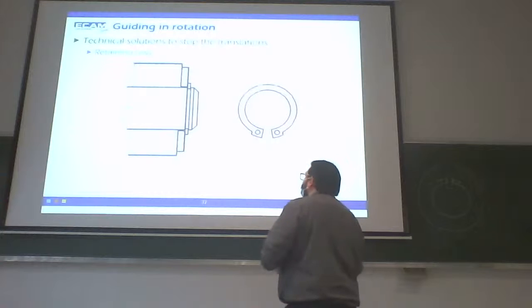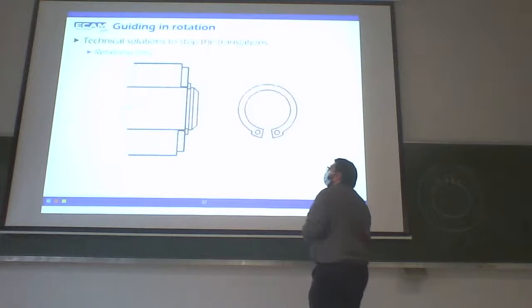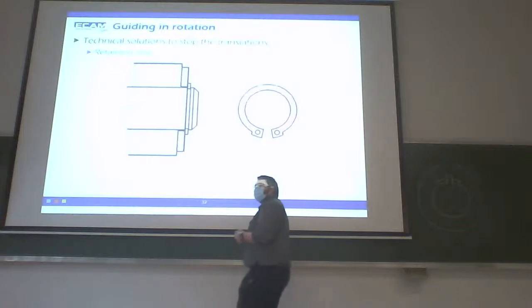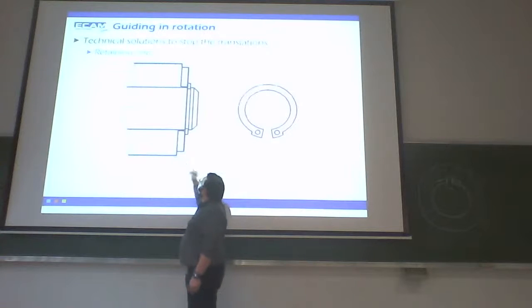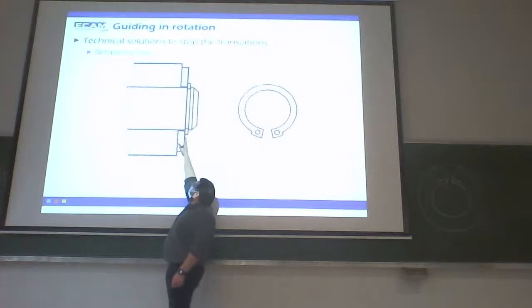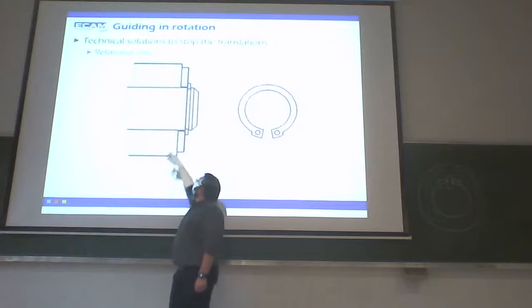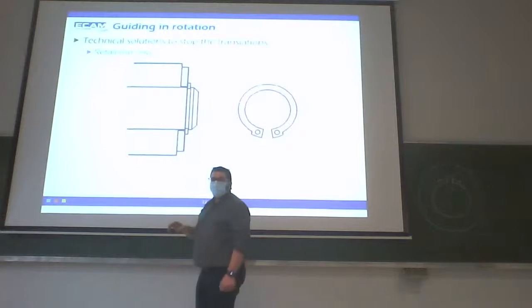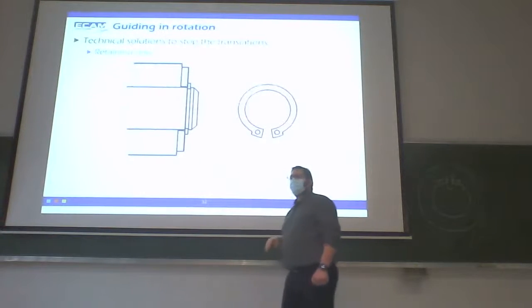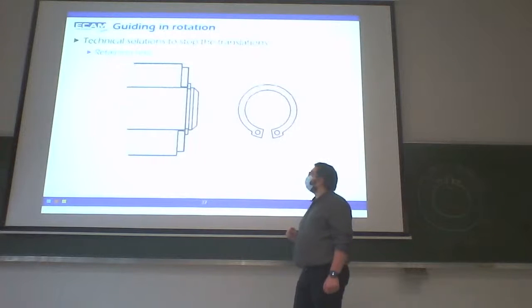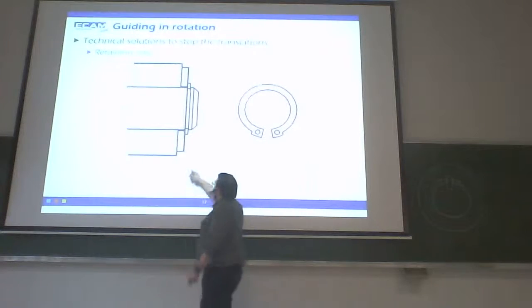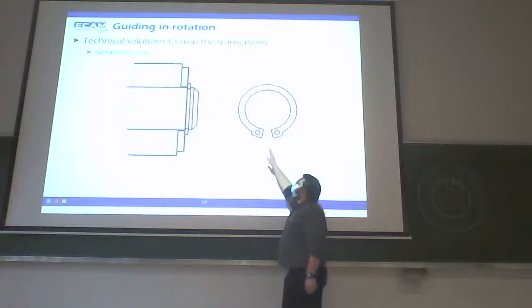Be careful at the representation of the retaining ring. In general, we represent it in section. And you see the retaining ring is here. At the top, we have hatching inside of the rectangle of the retaining ring, but it's not the case here, because we always represent the retaining ring like this.